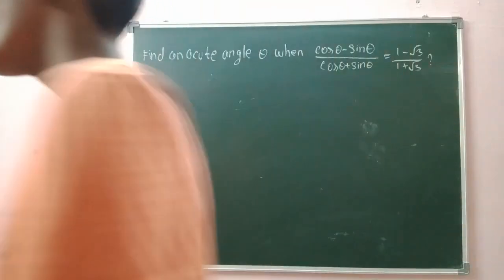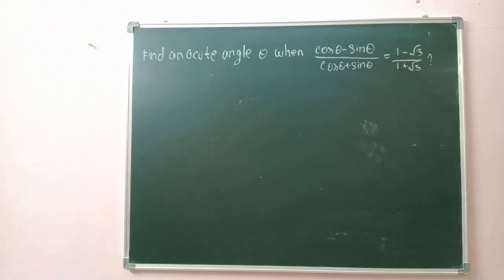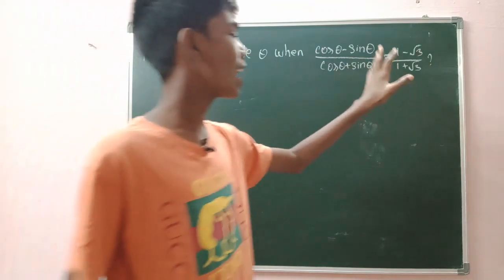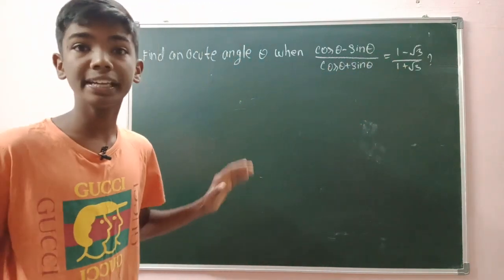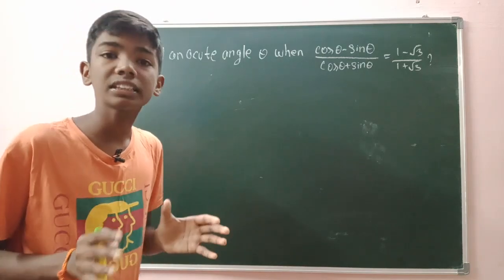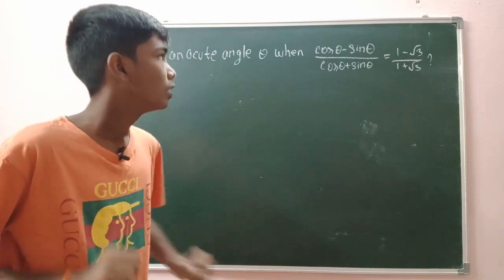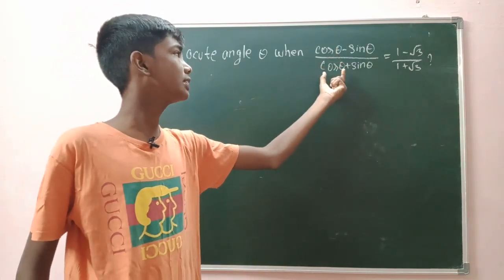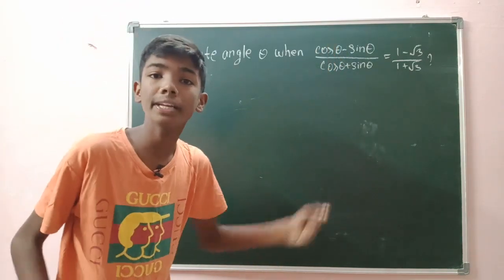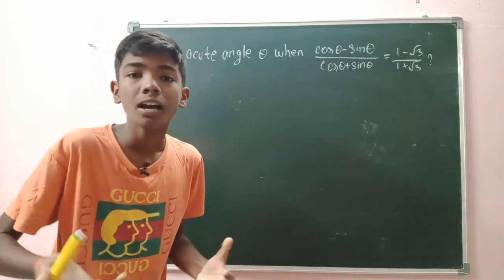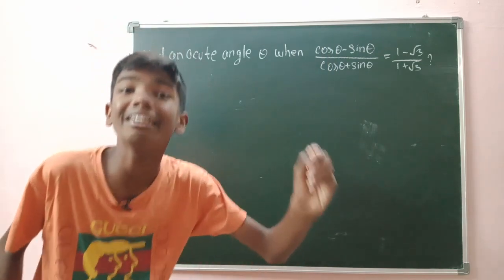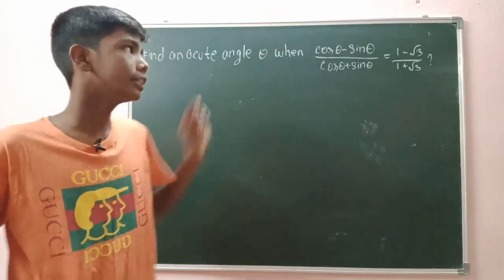Here, just observe one thing. On the RHS, I have 1 minus root 3 by 1 plus root 3, which makes me realize that the cos theta terms in both numerator and denominator, I should make it as 1. How is it possible? Divide by cos theta on both numerator and denominator.